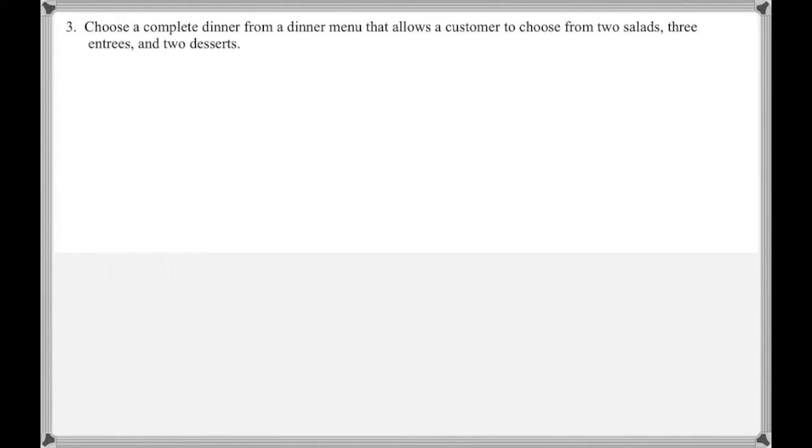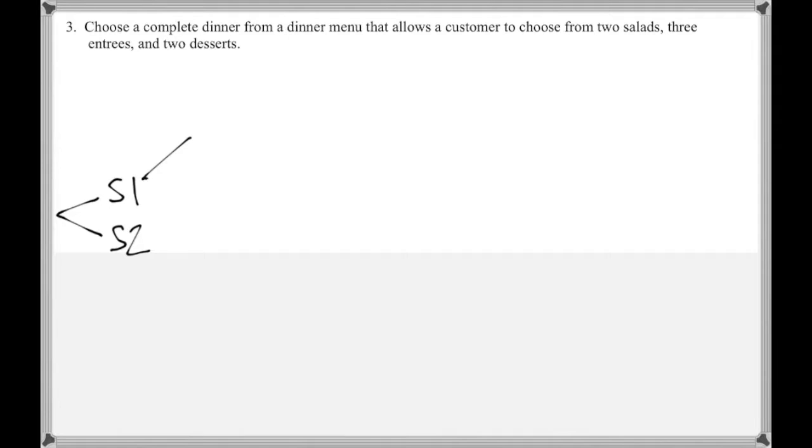Choose a complete dinner from a dinner menu that allows a customer to choose from 2 salads, 3 entrees, and 2 desserts. So our first choice is either salad 1 or salad 2. And then we have 3 entrees.